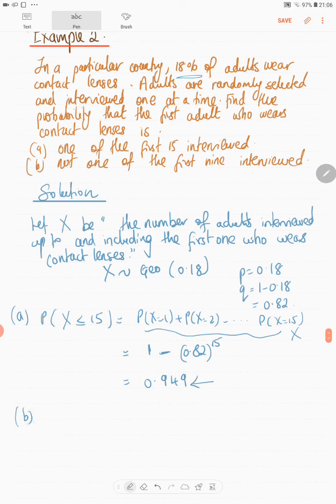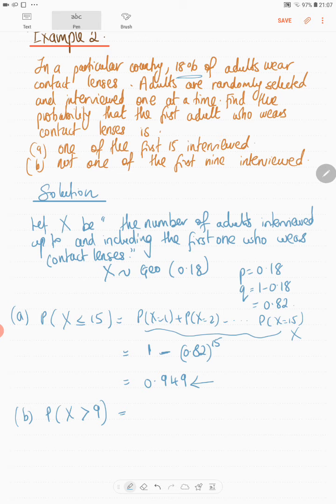Second one: the probability that the first adult who wears contact lenses is not one of the first 9 interviewed. So the first person who wears contact lenses will not be found among the first 9 people interviewed. So all 9 will not wear contact lenses. So the probability X is greater than 9.